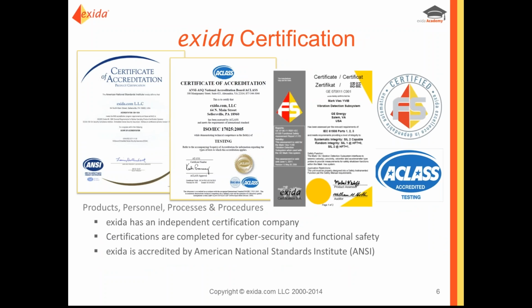The A-class certification gives us what's known as a lab certification, which allows us to do a variety of communication robustness testing on the systems that we certify. And to the right there, you can see an Exeter certificate that we issue on the completion of a successful certification.